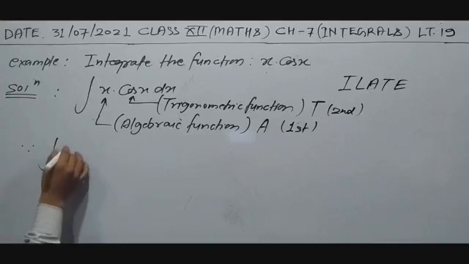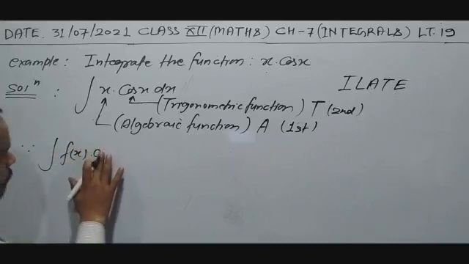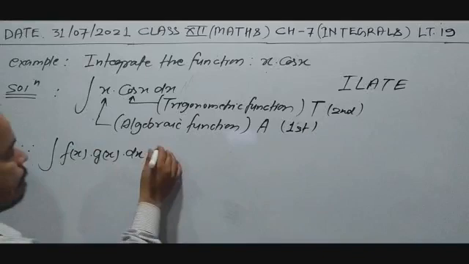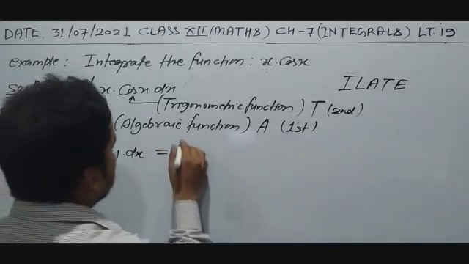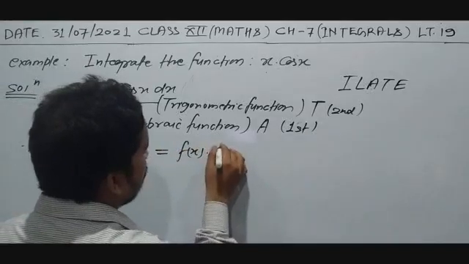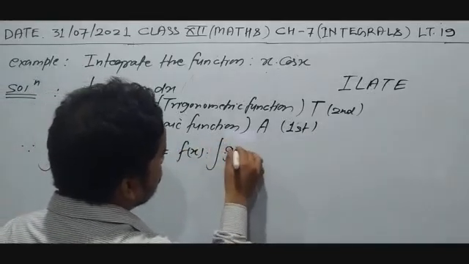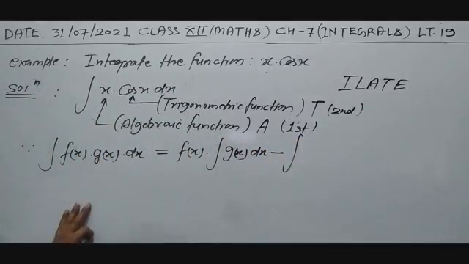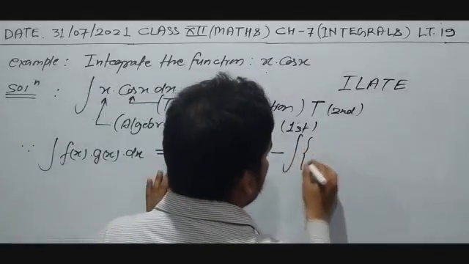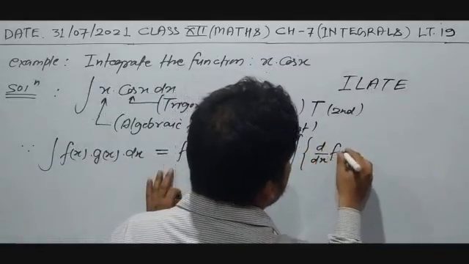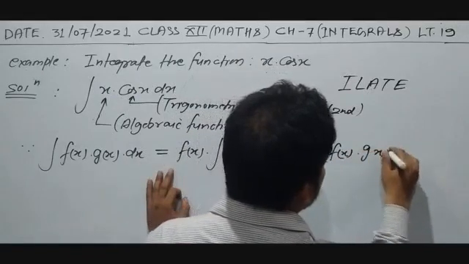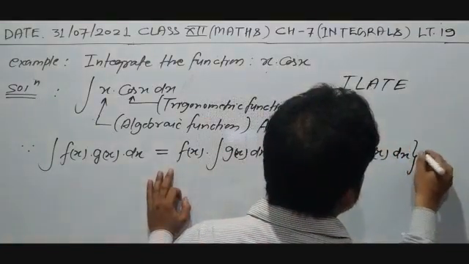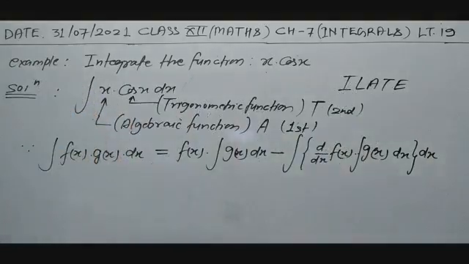Since integration of f(x) into g(x) dx can be written as first function, integration of second function, minus integration over curly bracket, d by dx of f(x) into integration of g(x) dx, curly bracket closed, dx.